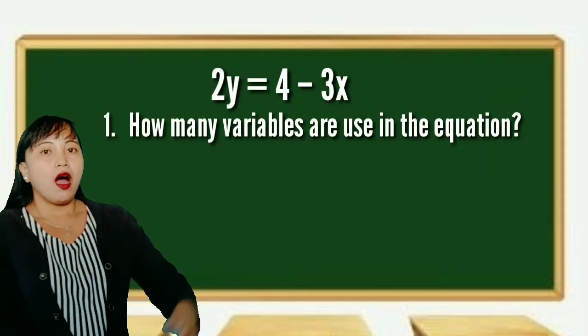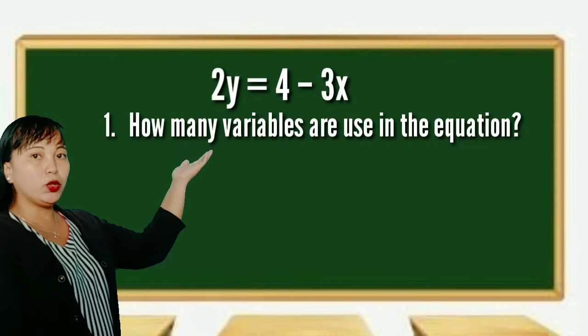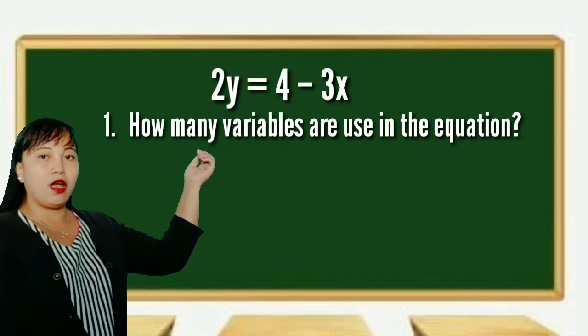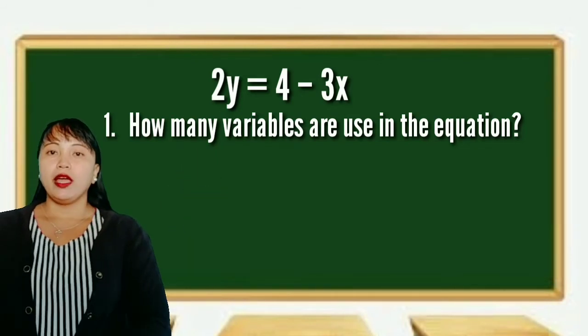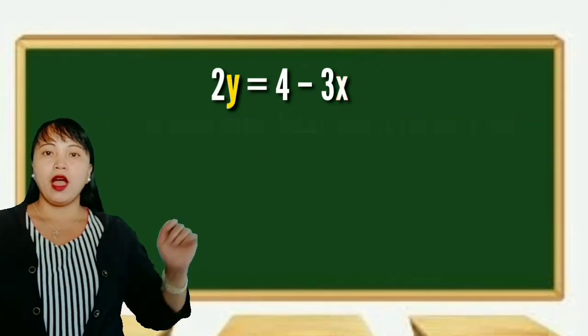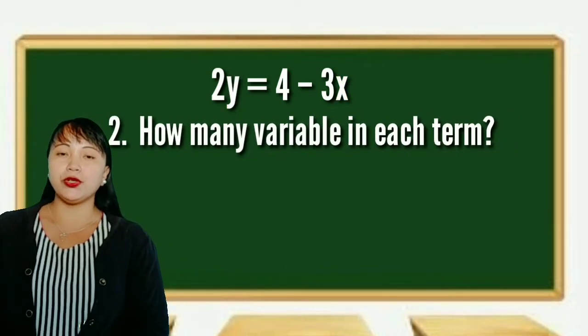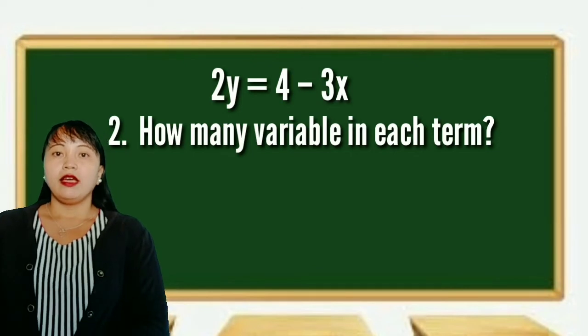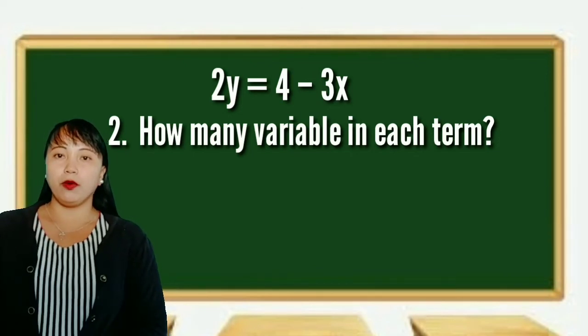Question: how many variables are used in the equation? Very good! It has two variables, the x and the y. How many variables in its term? It has only one variable in its term.